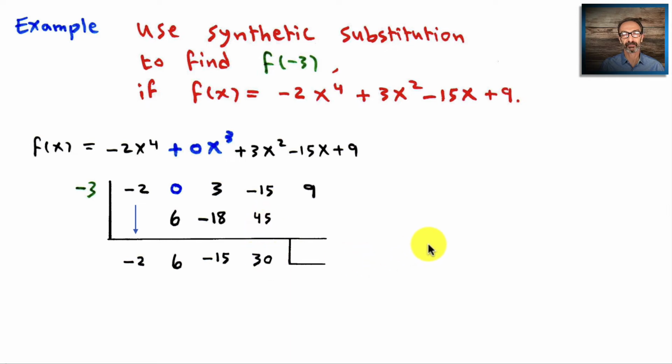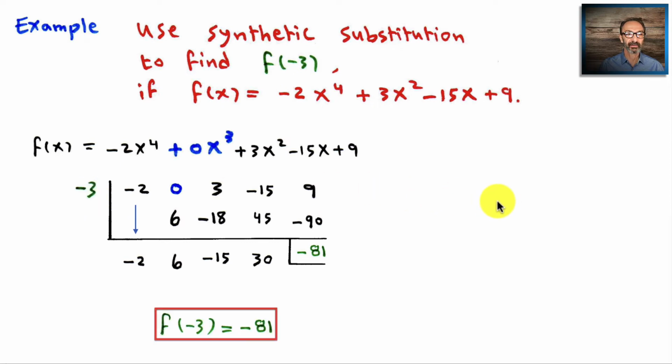We multiply 30 times negative 3, which is negative 90. We add, going down, 9 minus 90 is negative 81, and that's our remainder, which is the value of f of a, or P of a, and that should do it.